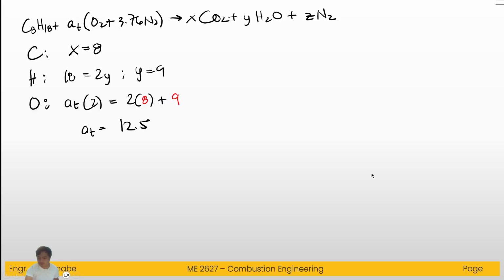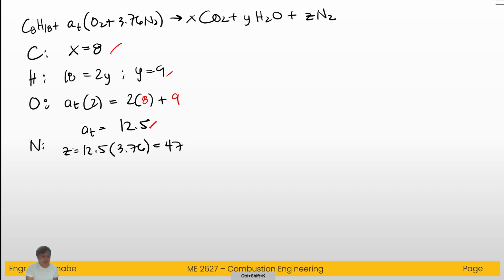Yeah, so this will be 12.5, and then we can find the nitrogen as well. But anyways, the nitrogen is unnecessary here. But let's compute it anyway. So Z is equal to 12.5 times 3.76, which is about 47.